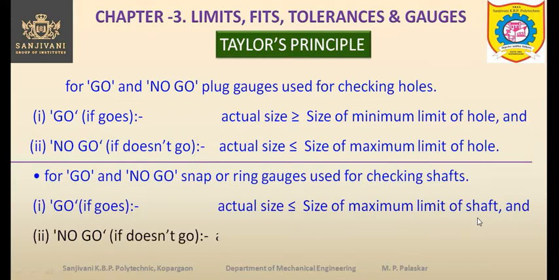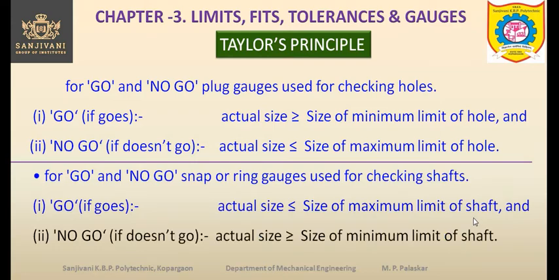And if no go is unable to enter, it means the actual size of the manufactured shaft is greater or equal to the size of the minimum limit of the shaft.